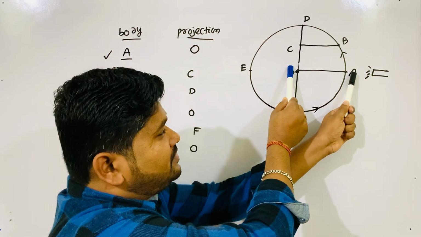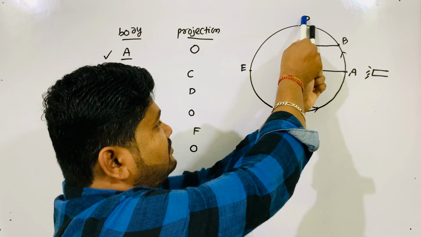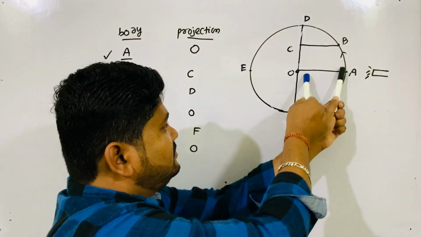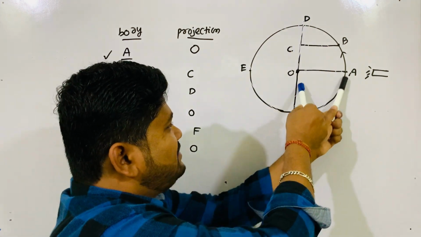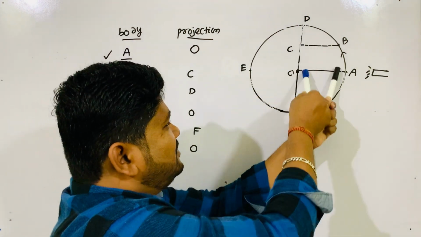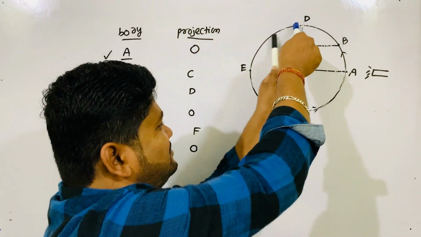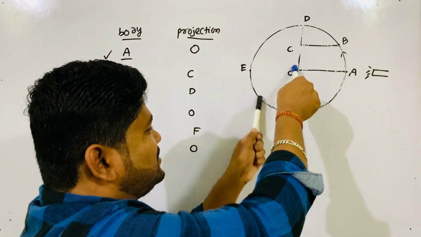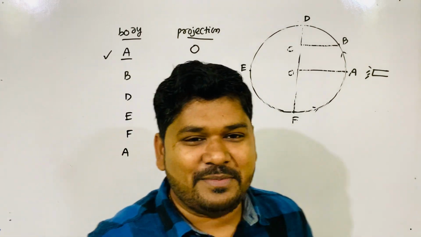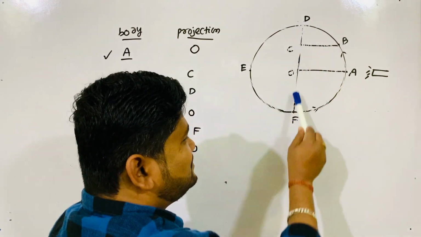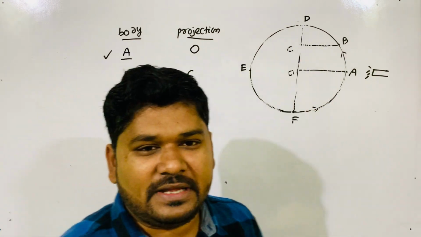The black marker moves, and simultaneously the blue marker also moves. The black marker moves in a circular path, but the blue marker executes SHM. The black marker moves on the circumference, but the blue marker moves on the diameter and executes SHM. Only the blue marker executes SHM, but the black marker moves in a circular path.